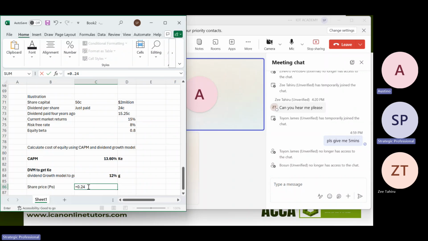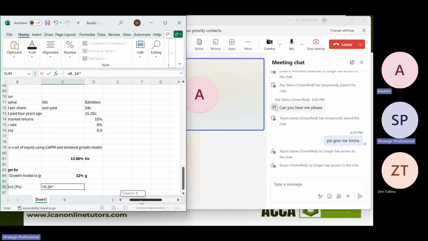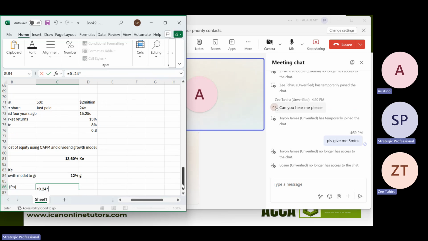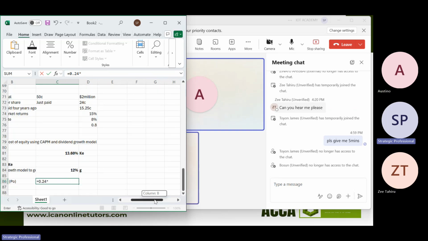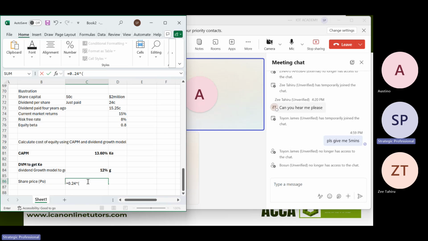So it's 0.24, multiplied by 1 plus g, so your 1 plus 12%, divided by 13.6, that is 0.136.